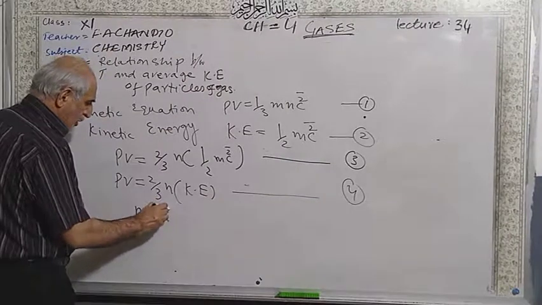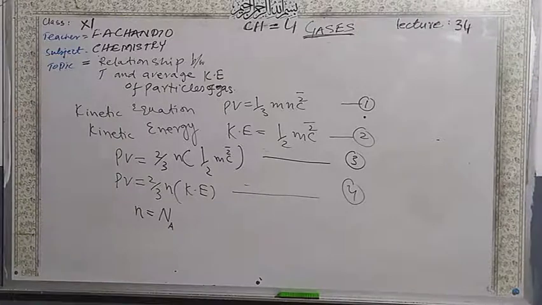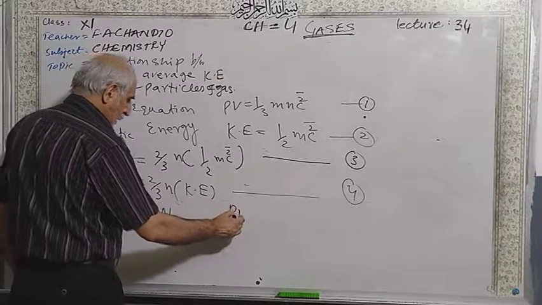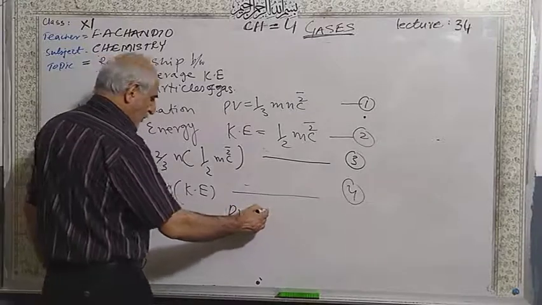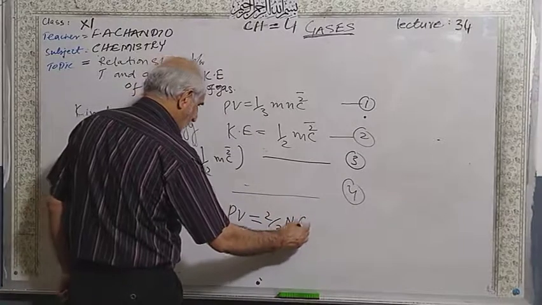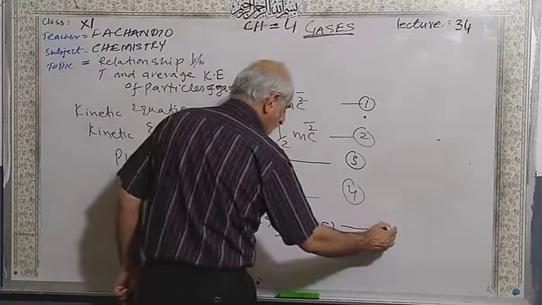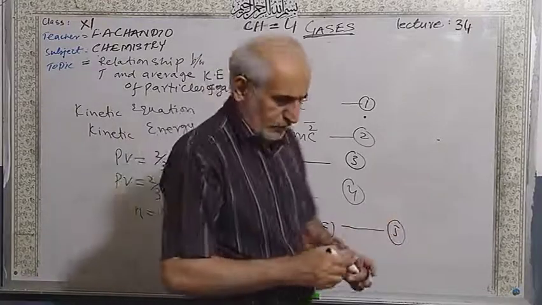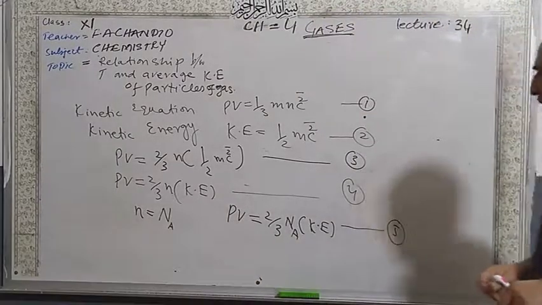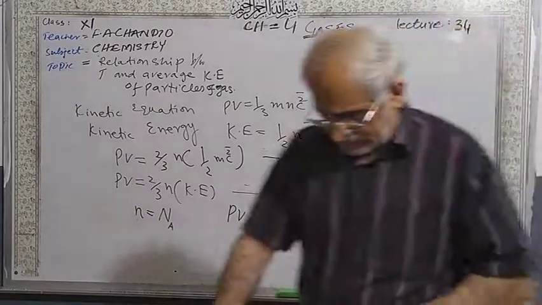So Avogadro's number is divided by this one. So this equation can be written in this form: PV is equal to 2 over 3 Avogadro's number and kinetic energy.